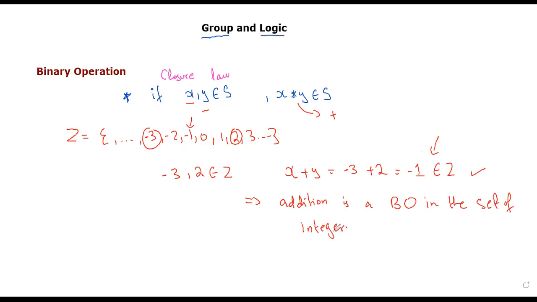What I said in the previous classes was correct in some way, but not exactly. If you have been asked to determine if a particular operation is a binary operation or not, you just need to see this. Pick up two numbers randomly from that set, and if x star y, now we're talking about addition, if x plus y is in that set, then yes, this would be a binary operation in that set.